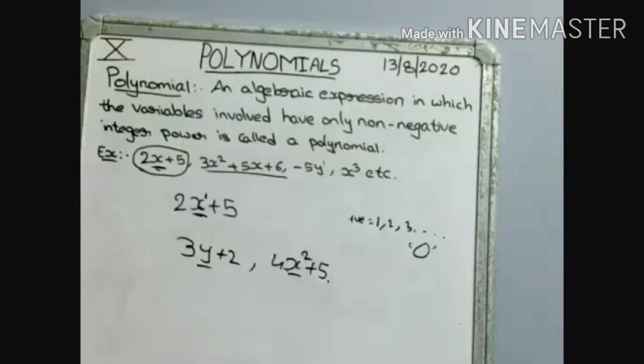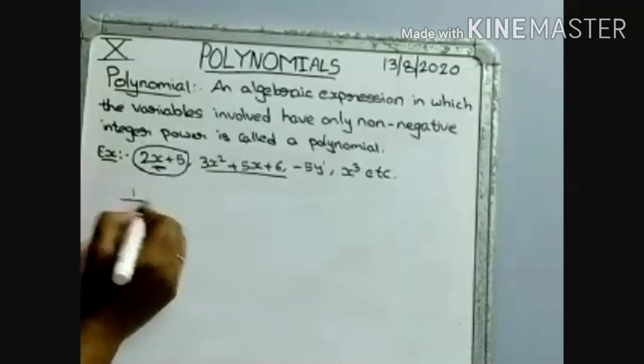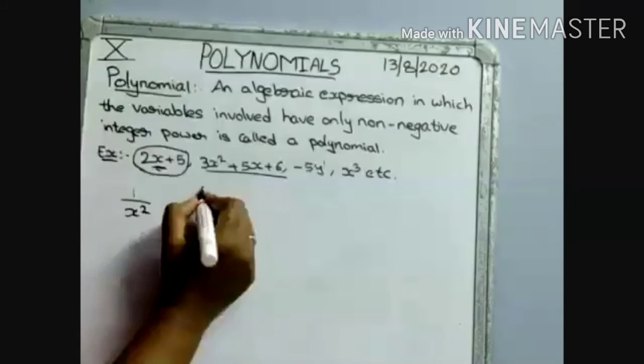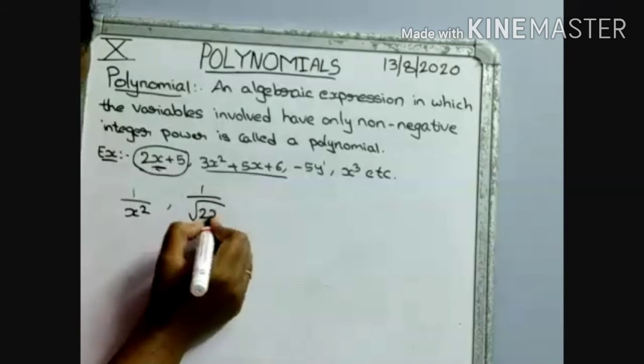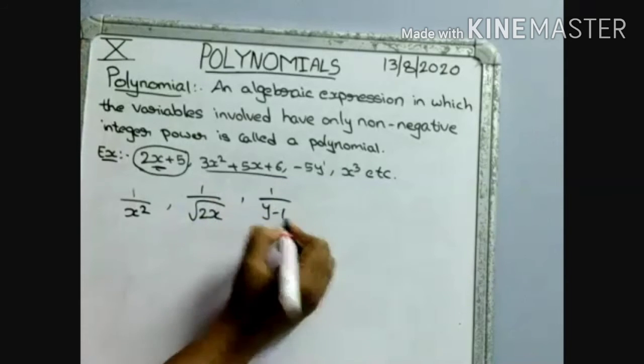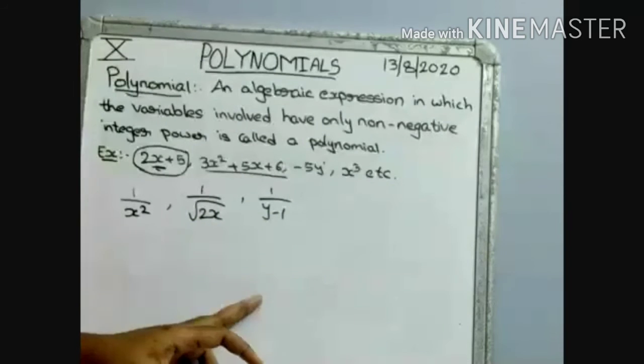So that is about the polynomial. And if you take some more, suppose 1 by x square, 1 by root 2x, and otherwise 1 by y minus 1. All these are not polynomials. Why?